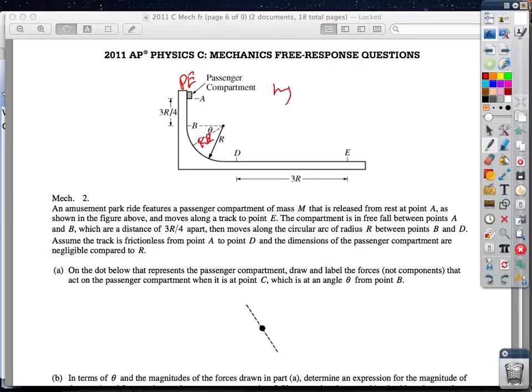So this PE is mgh, 1/2 mv squared. Right, that goes away, so v is the square root of 2gh. And then h at this point, c, yeah, we have to come up with this. So h is equal to 3/4 r plus r sine theta.